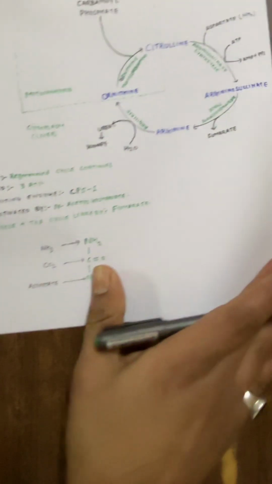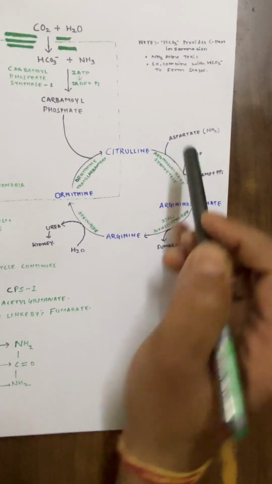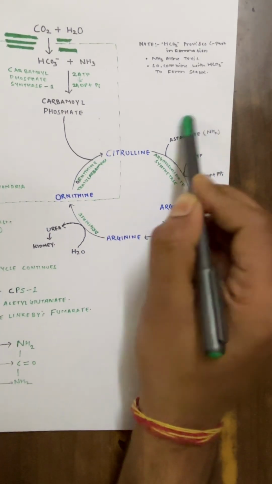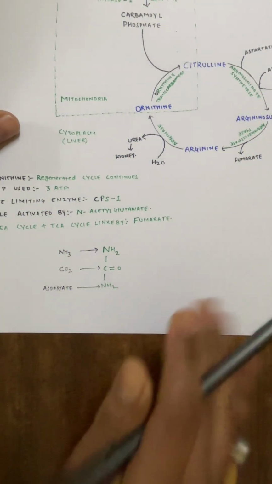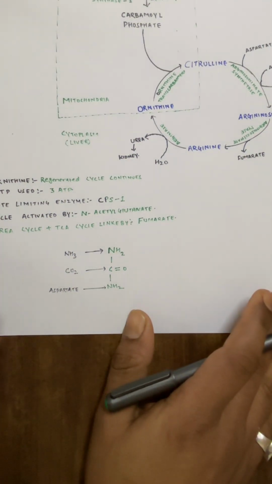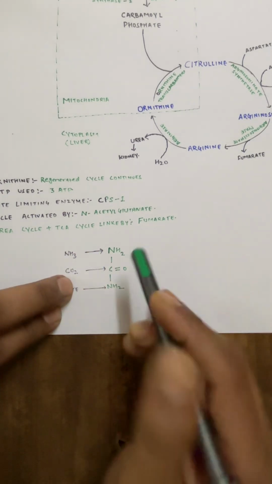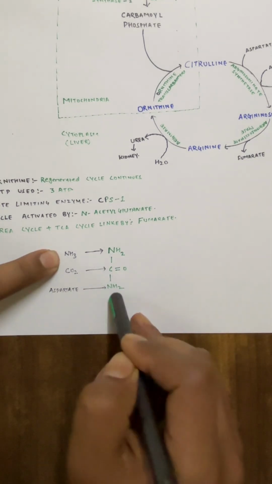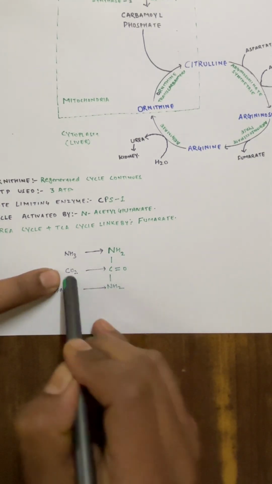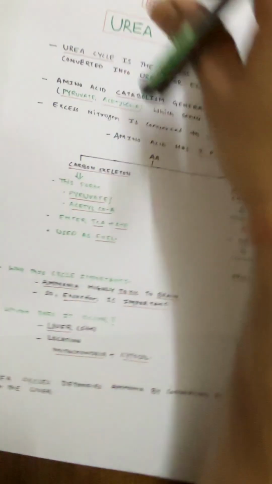We all remember that while forming arginosuccinate from citrulline we are using aspartate, and this aspartate is providing the second nitrogen to urea. Sometimes the examiner asks an MCQ: there are 2 nitrogens in urea, so which compounds are providing nitrogen? One is ammonia and the second is aspartate. And this carbon is coming from carbon dioxide. So this is all about the urea cycle.